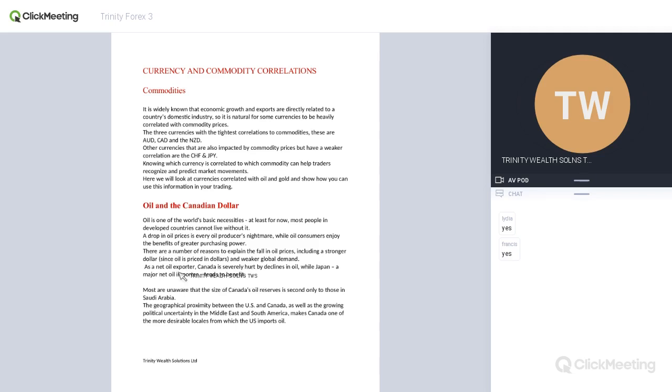As a net oil exporter, Canada is severely hurt by declines in oil, while Japan, a major net oil importer, tends to benefit. So when the price of oil is going up, you expect the CAD to strengthen. But because Japan is a net importer of oil, it will be affected negatively.